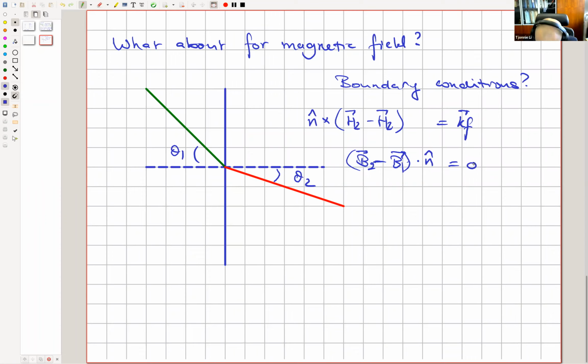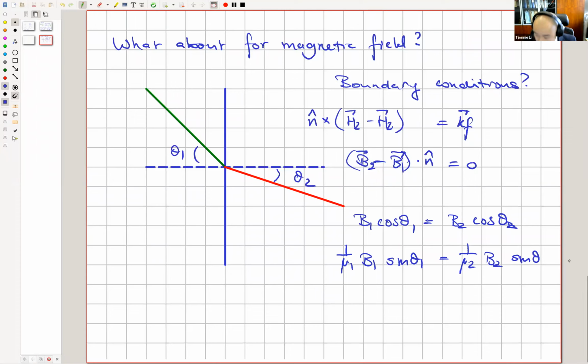What we can write, however, instead is B1 cosine theta 1 equals B2 cosine theta 2, and also 1 over mu1 B1 sine theta 1 equals 1 over mu2 B2 sine theta 2.